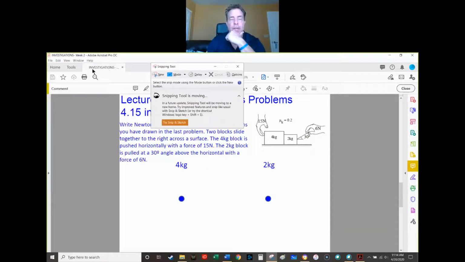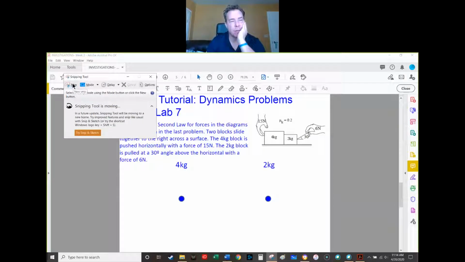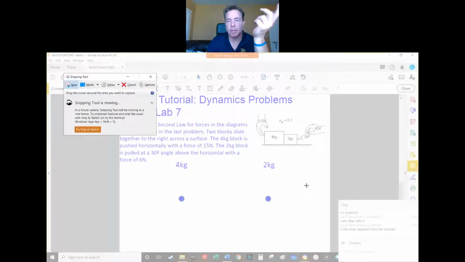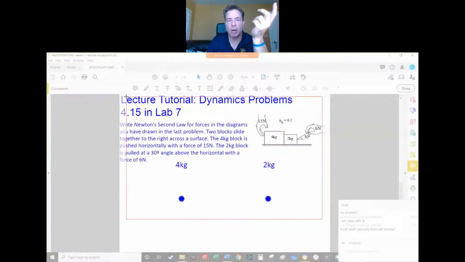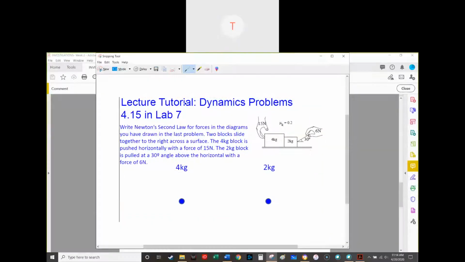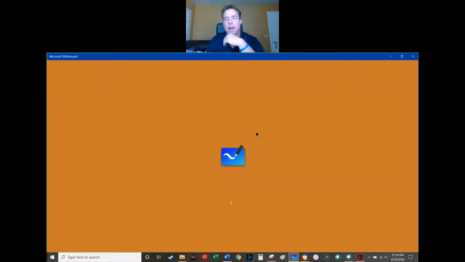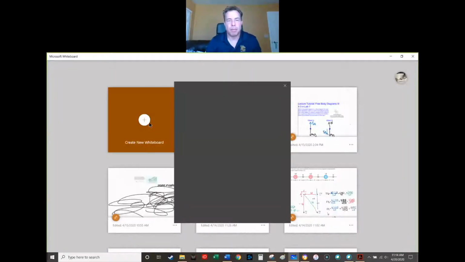Everybody who has a PC has a snipping tool, and you could snip whatever you want. And again, we're doing 2.4, the lecture tutorial. I'm going to open up Microsoft Whiteboard.